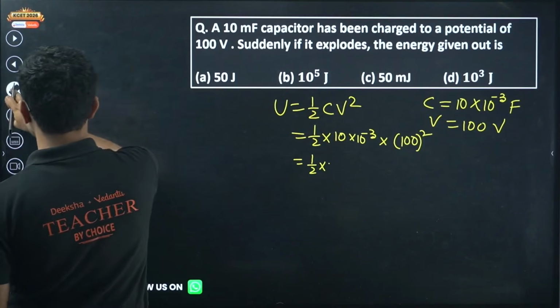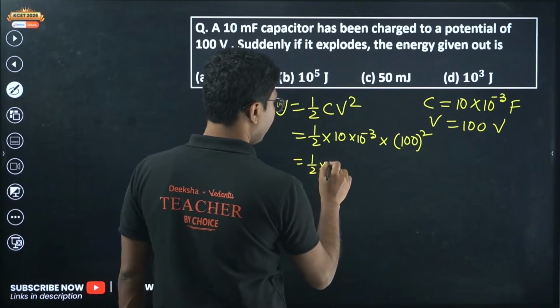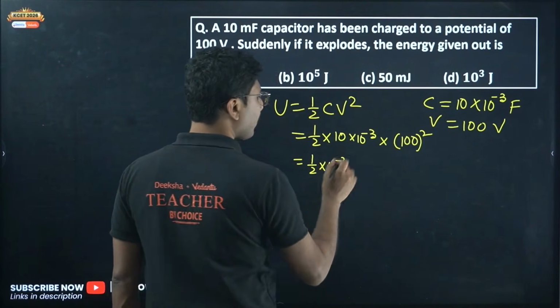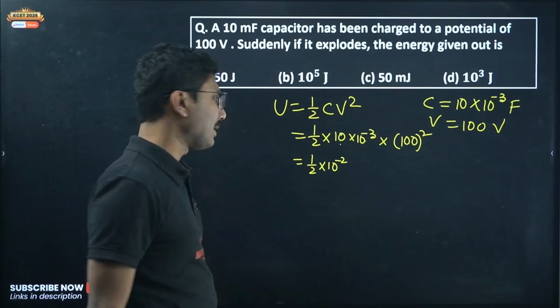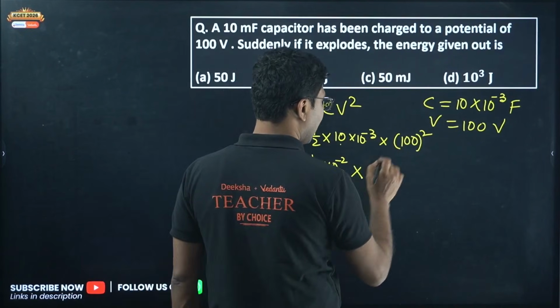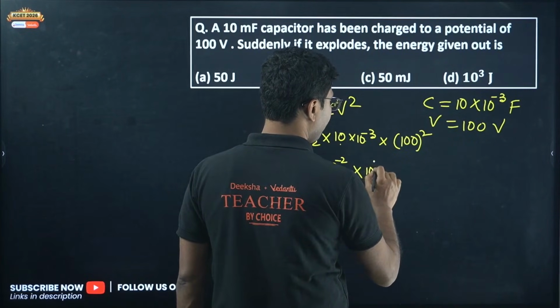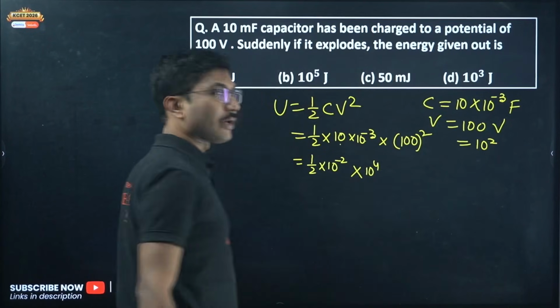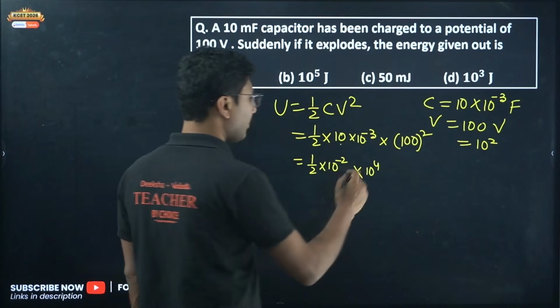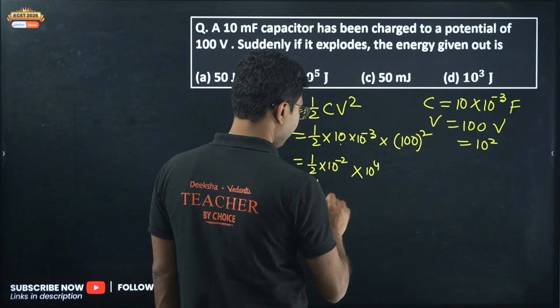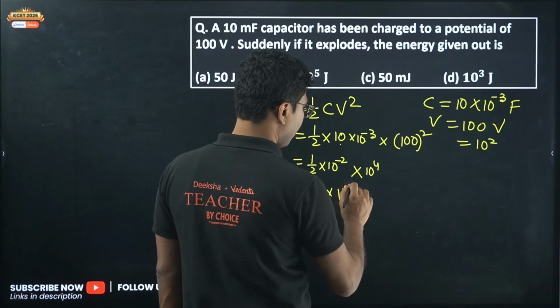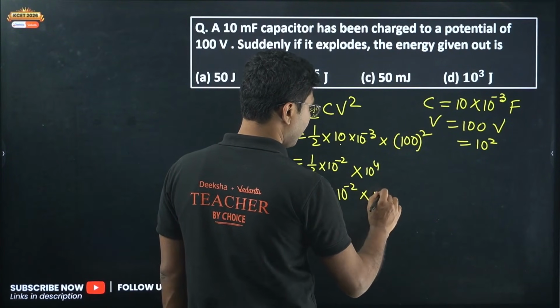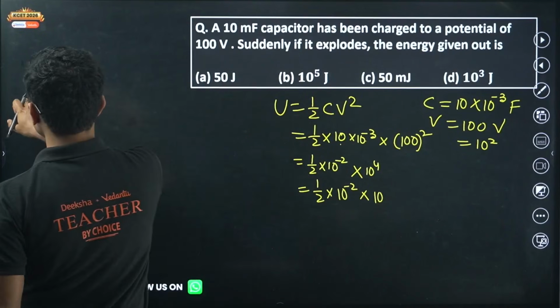So half into 10 into 10 to the power of minus 3 into 100 square. 100 square means 10 to the power of 4, because 100 is 10 square, and 10 square whole square equals 10 to the power of 4. So we get half into 10 to the power of minus 2 into 10 to the power of 4.